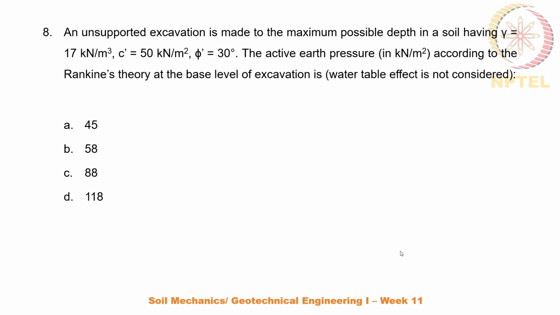Okay, so here we have the next question. An unsupported excavation is made to the maximum possible depth in a soil having gamma equal to 17 kilonewton per meter cube, C dash equal to 50 kilonewton per meter square, phi dash equal to 30 degree.